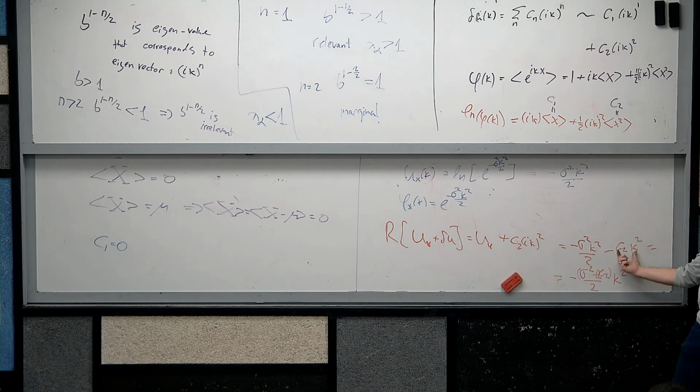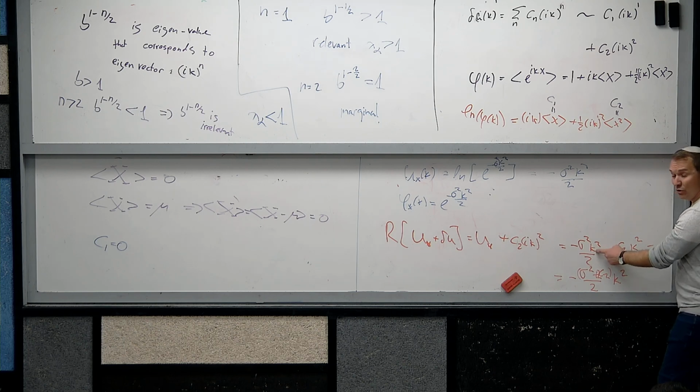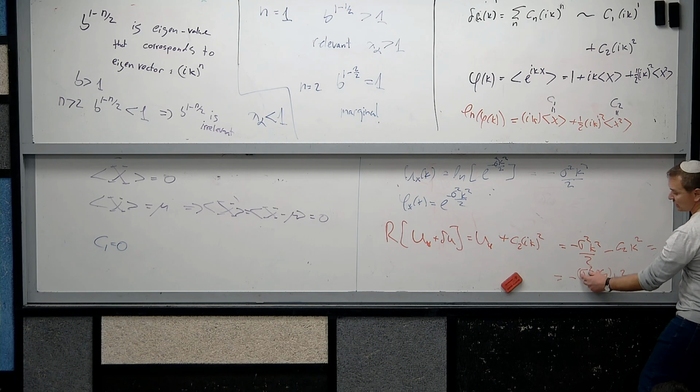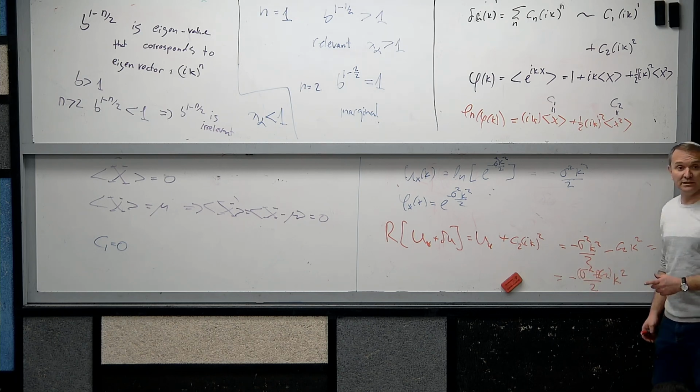So after I add an additional marginal cumulant, whose order is exactly the order of my fixed point, the only thing that changes is that sigma squared is modified by plus 2 C2. And that's it.